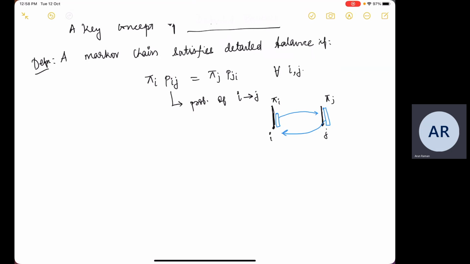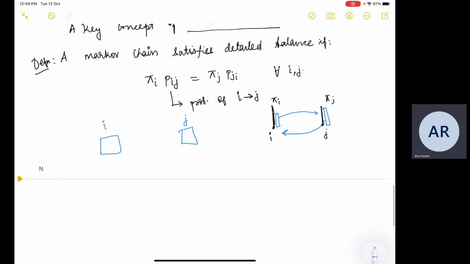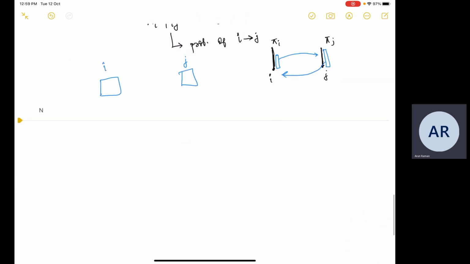The other interpretation is that suppose we have two cities, let's say i and j.